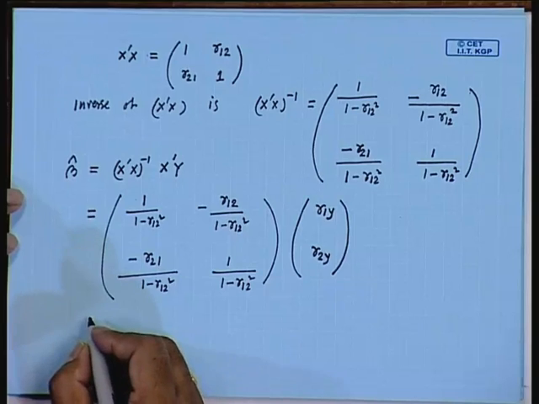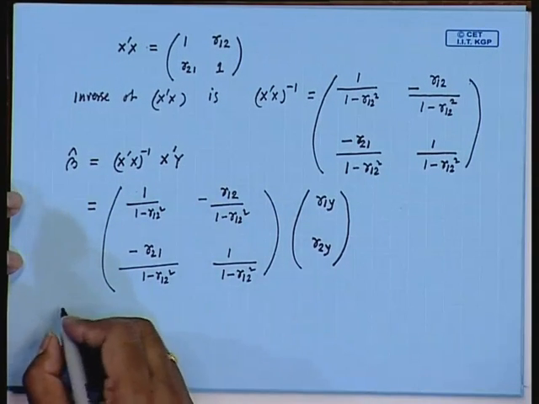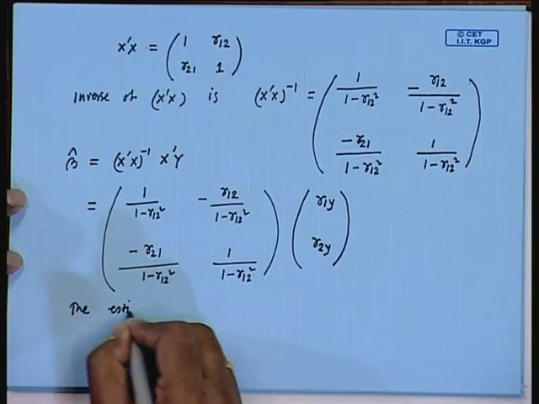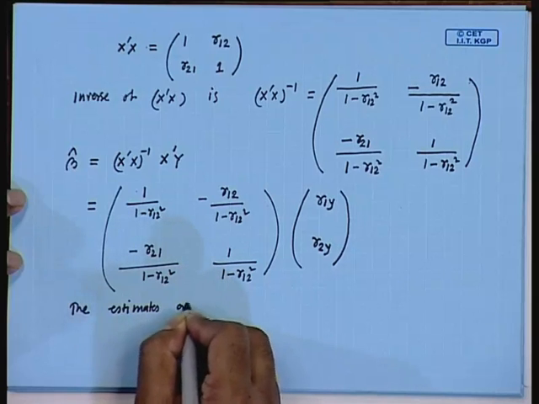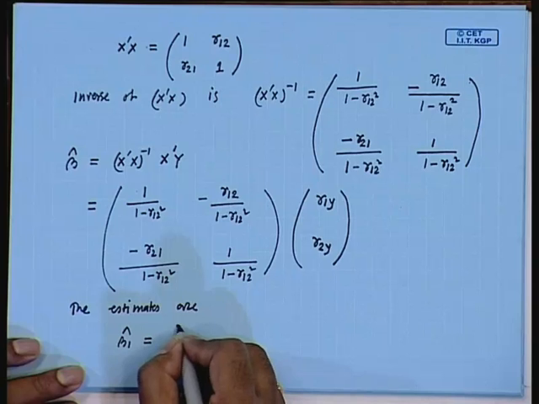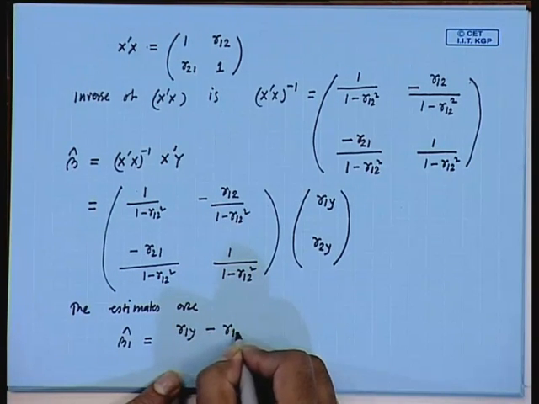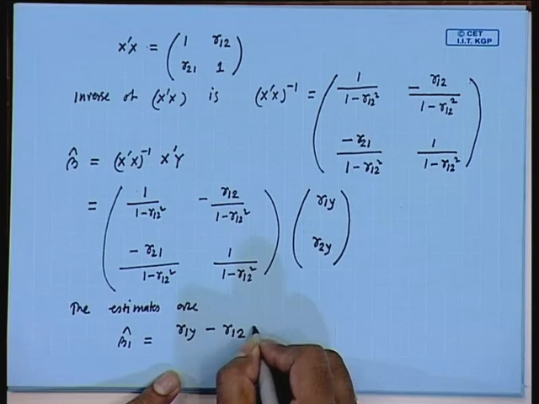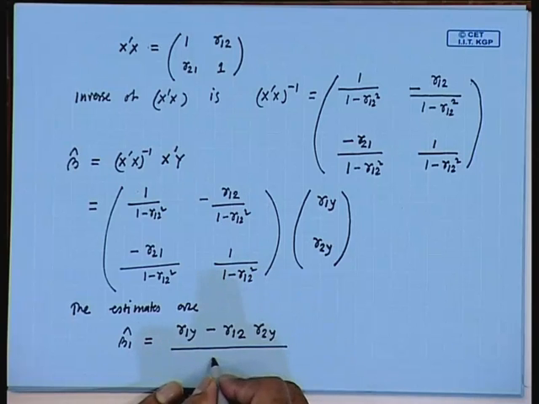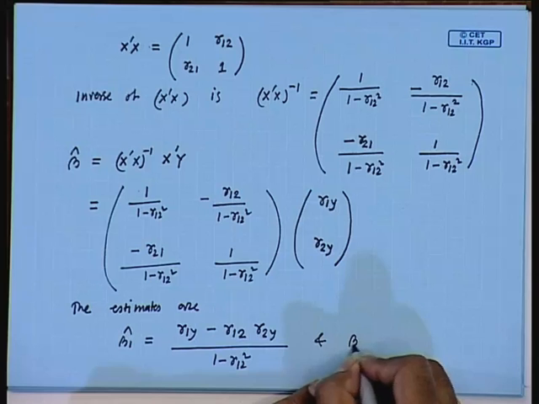Okay. So from here, the estimates are beta 1 hat equal to R1y minus R12 R2y by 1 minus R12 square, and beta 2 hat.